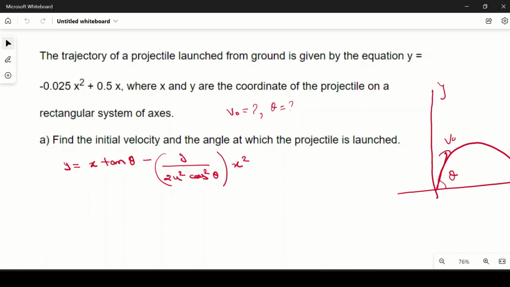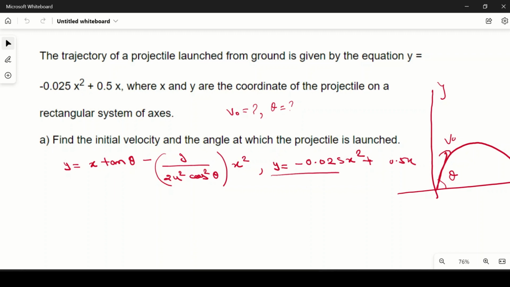Now you have been given an equation also, which is y is equal to minus 0.025 x square plus 0.5 x.